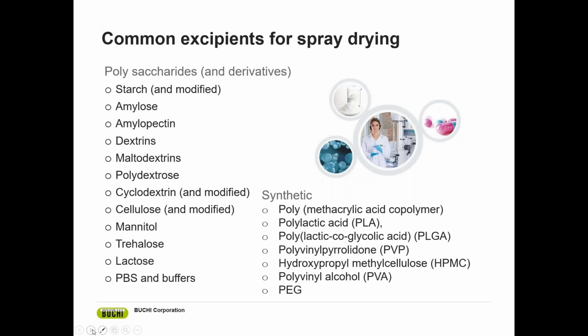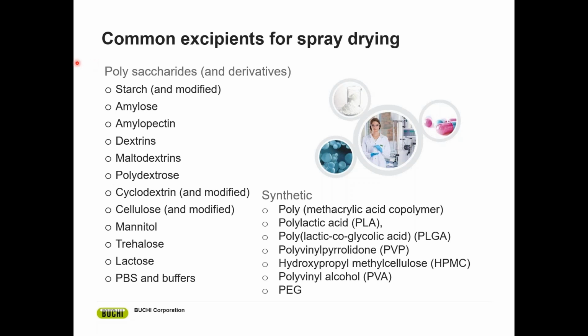Okay, so now we're going to move into the formulation end of things. So common excipients or carriers that are possible in spray drying are many, many choices, but they're typically within two classes of compounds, those that are soluble in water. And your excipient choice is really going to be, obviously, what market you're working in, what application.